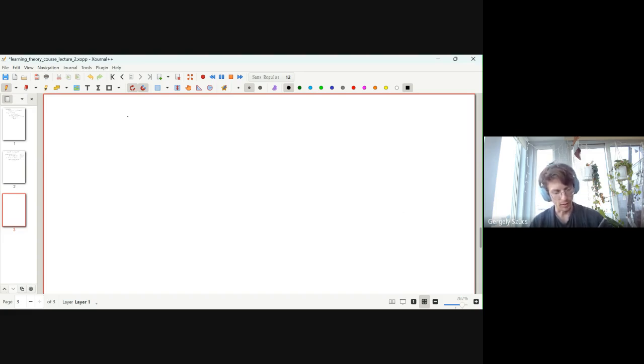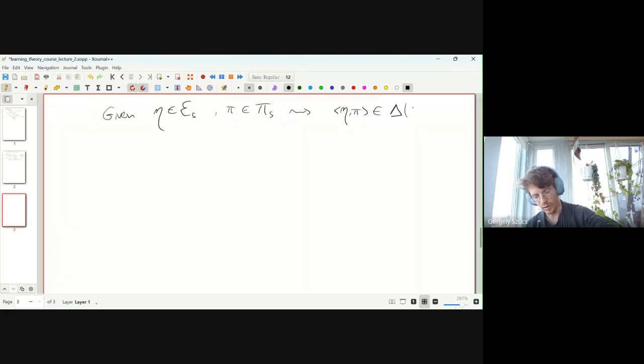So if we are given an environment eta, a stochastic environment in ES, and a policy pi, which can also be stochastic, last week we talked about this interaction between them, which gives us a distribution over destinies.